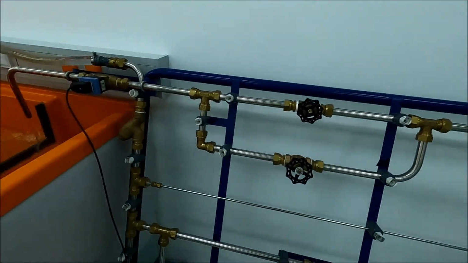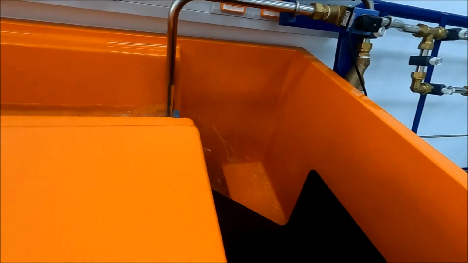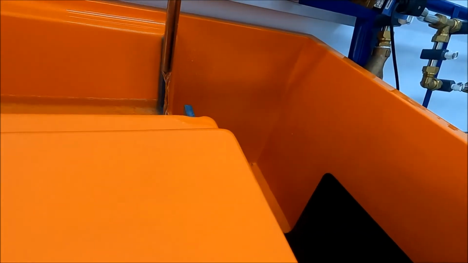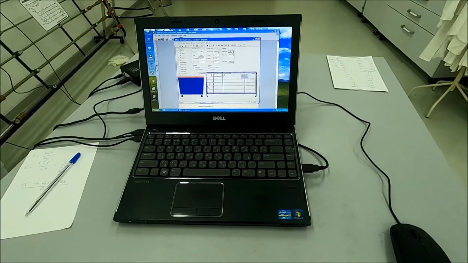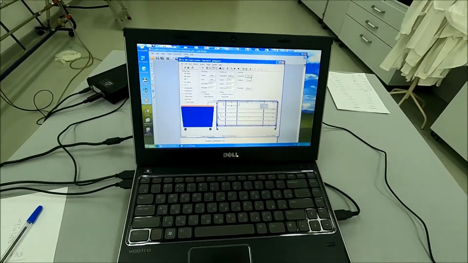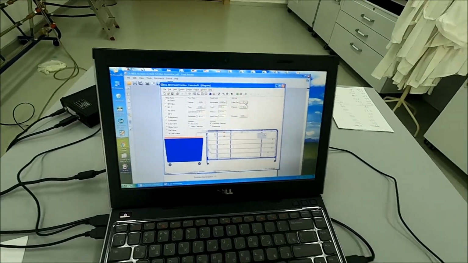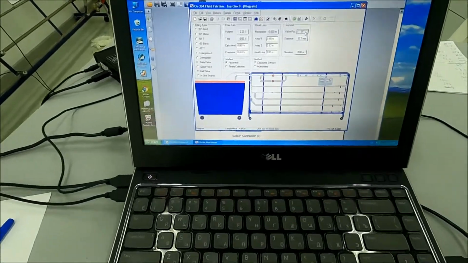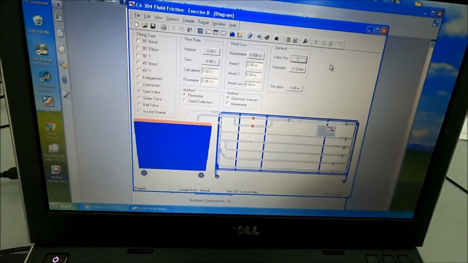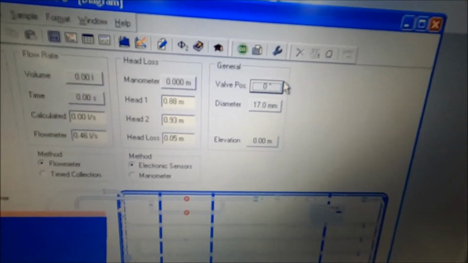Let's turn off the pump. Now we have finished our measurements on the sudden contraction fitting. Let's take readings for the gate valve. In the software, we have to choose gate valve over here, and valve position.